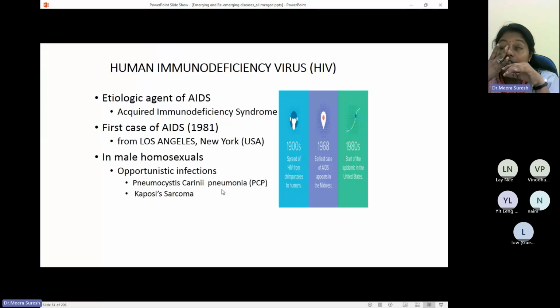They understood that these people have something in common, that they are male homosexuals. Then they were able to connect that it should be a sexually transmitted disease. The investigation was further carried out in that manner, and that is how they discovered AIDS, or the HIV virus. So this was the story of discovering AIDS.